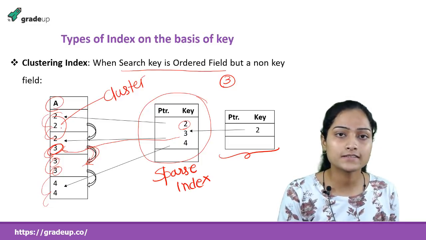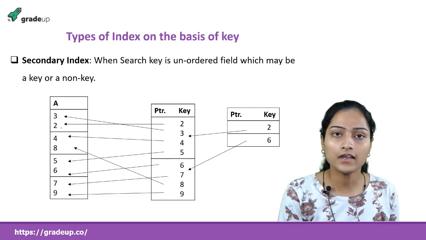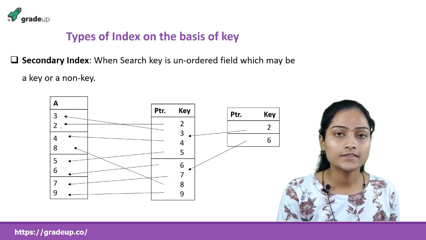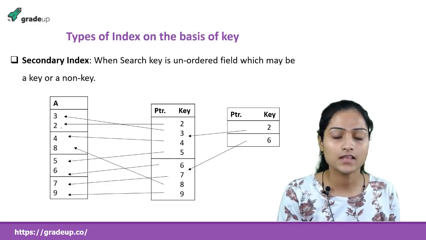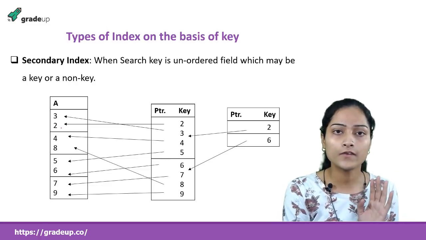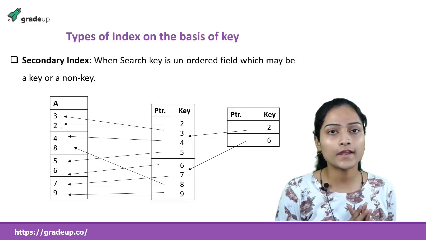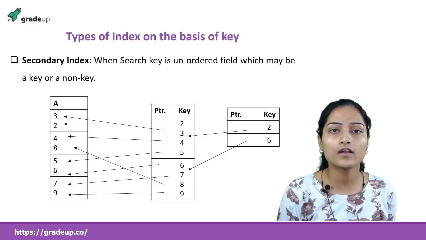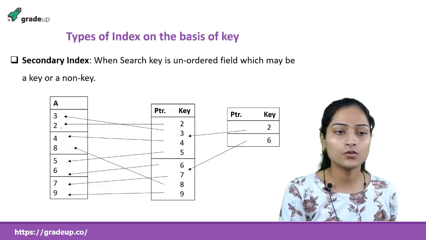Let us move towards the next thing, that is the secondary index. We have discussed two indexes till now, primary index and clustered index. Both were on an ordered field. But if you are going to develop an index on a non-ordered field, that is, the field is not sorted, then how are we going to do it?